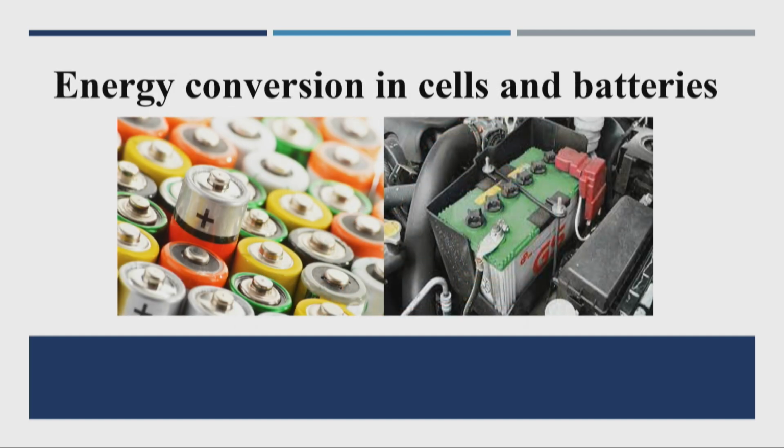As we know, dry cells and batteries both contain chemical energy. When a unit charge passes through a cell or through a battery, chemical energy is converted to electrical energy. The work done during this energy conversion is known as electromotive force.